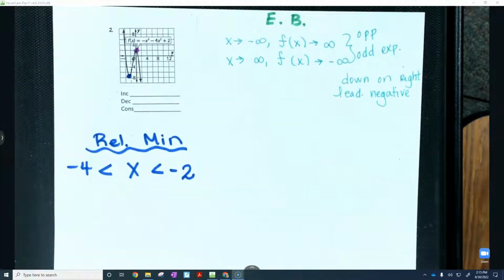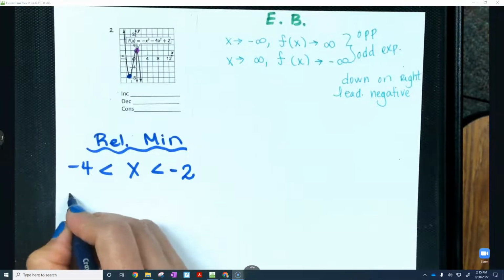-4 and -2. So we're going to guess and check. We're going to narrow it down, guys. The only way that we can narrow it down is to read the instructions at the top of page 20. It says to narrow it down to the nearest what? 0.5. To the nearest 0.5.